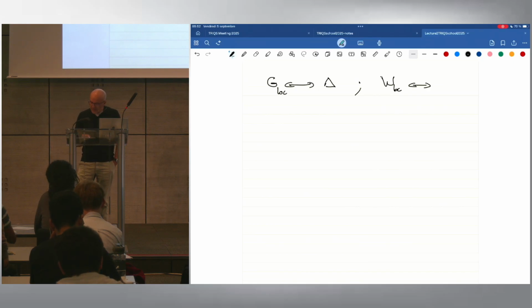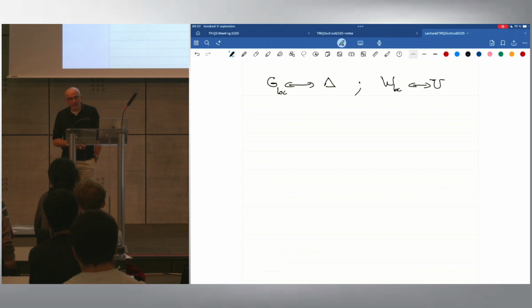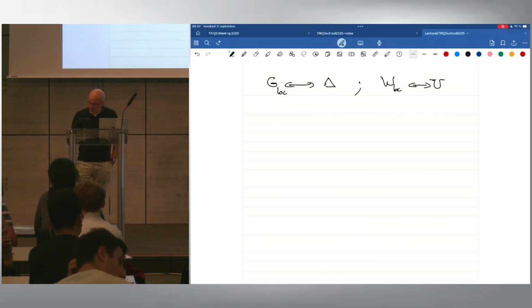And similar to delta, there is a quantity which is dual to W at the level of the impurity problem. And this is something that I can legitimately call U of omega. So U of omega is in principle also a four-index tensor, right?